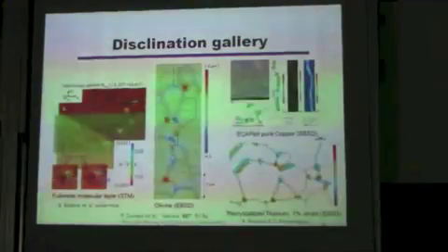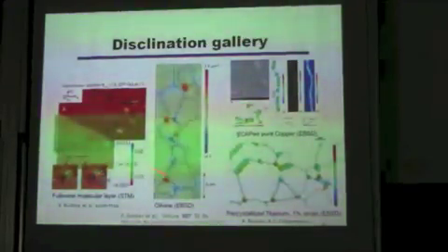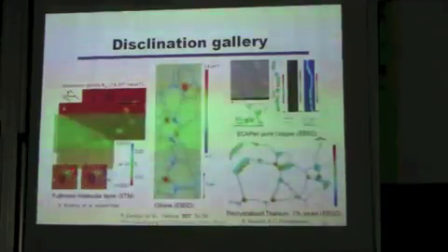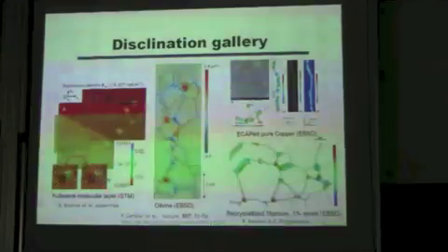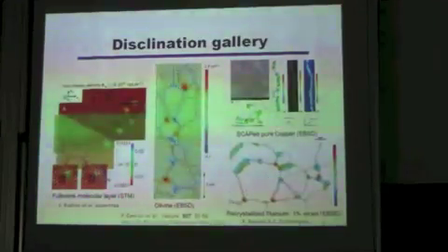Okay, so disclinations do exist. I've seen them, and a number of these are shown here. For example, the first one, you see here the scale, it's 8 nanometers. This image is of a fullerene molecular layer.